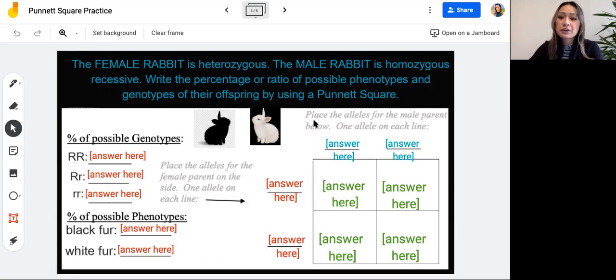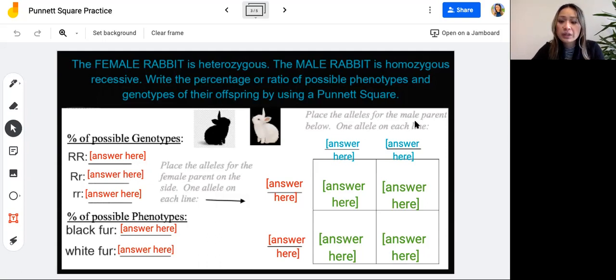And so notice here in gray, it says place the alleles for the male parent below. 1 allele on each line, 1 letter on each line. On the left-hand column, place the alleles of the female parent on the side, 1 allele for each line. So remember from last time, you put the parent alleles outside of the box, and inside the box is when you combine these alleles.